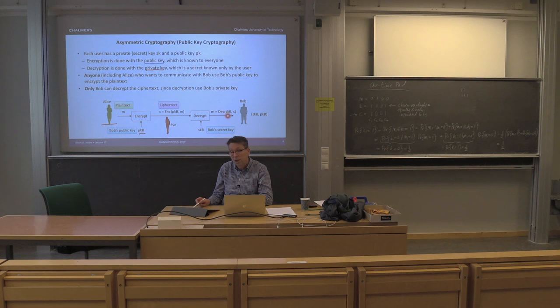Only Bob can decrypt, because only Bob knows his secret key. So it turns out that one can design these encryption and decryption schemes, together with how we generate these pairs of keys, in a way that makes it impossible for Eve, by looking at C, to figure out what M is, even though Eve knows the public key of Bob. So any questions on this?